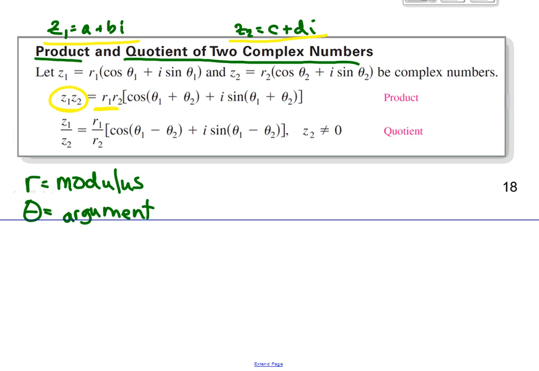And then when we divide, we divide the modulus and we subtract the argument. So multiply is multiply and add, divide is divide and subtract, for the modulus and the argument. When we're multiplying, we multiply the modulus and add the argument. When we divide, we divide the modulus and subtract the argument.